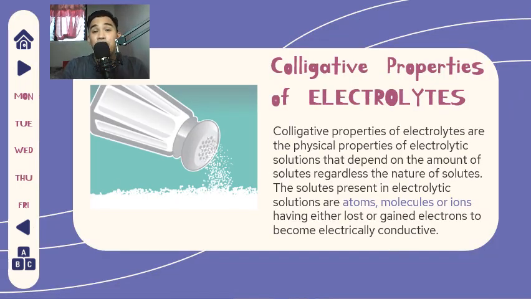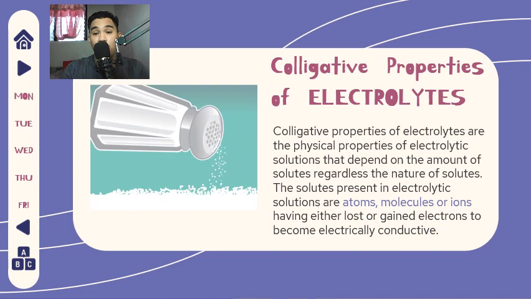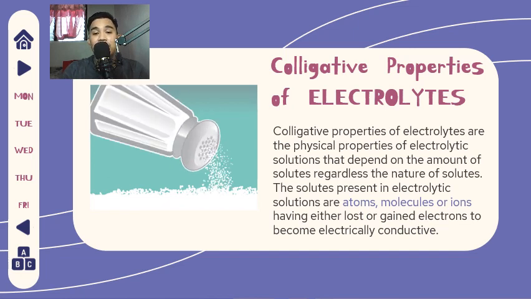The colligative properties of electrolytes are the physical properties of electrolytic solutions that depend on the amount of solutes regardless of the nature of the solutes. The solutes present in electrolytic solutions are atoms, molecules, or ions having either lost or gained electrons to become electrically conductive.